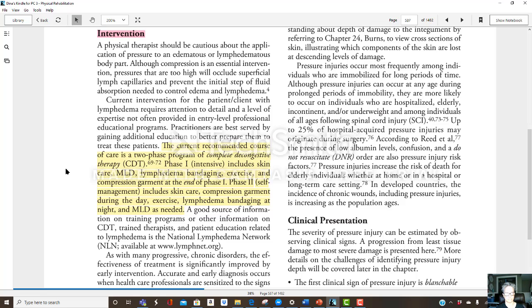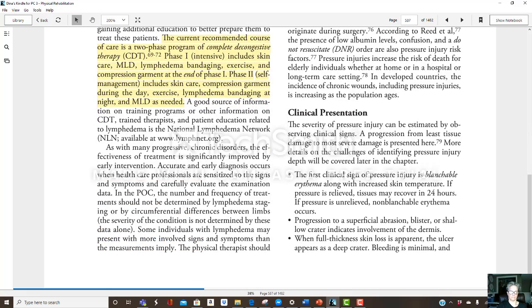A good source of information on training programs or other information on CDT trained therapists, and patient education related to lymphedema is the National Lymphedema Network, NLN, available at www.lymphnet.org.